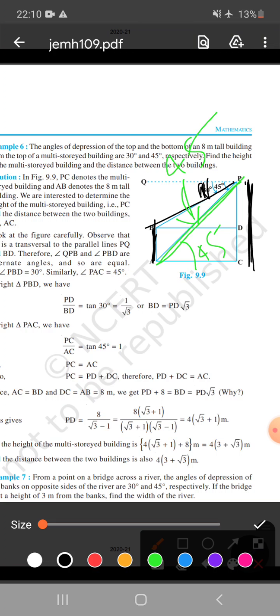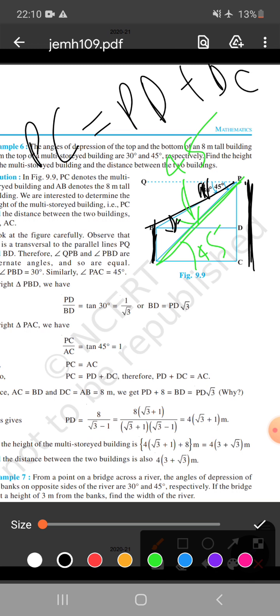This was for 30 degree, then this angle will also be equal to 30 degree. Now we can calculate: we have to find PC, which will be equal to PD plus DC.